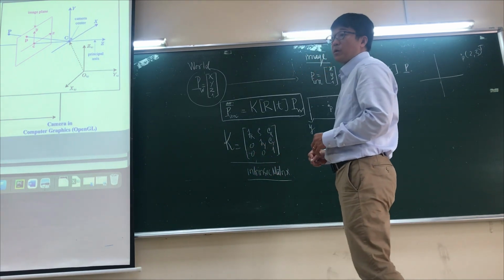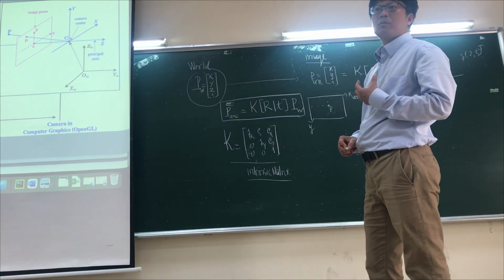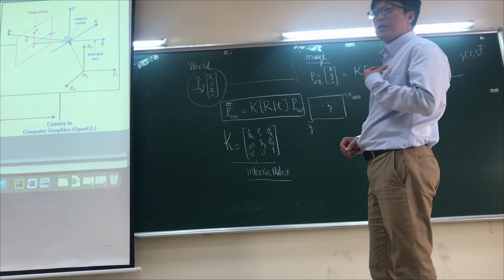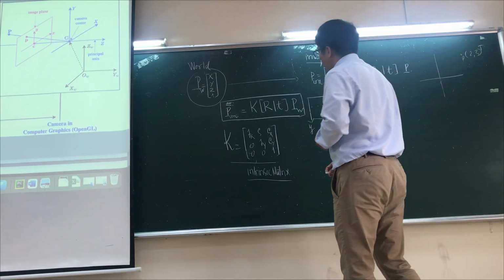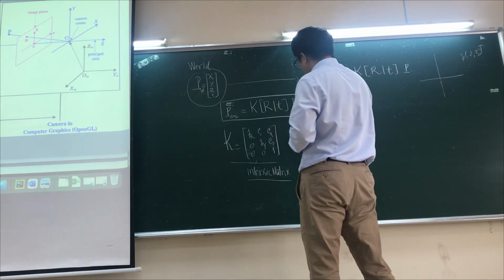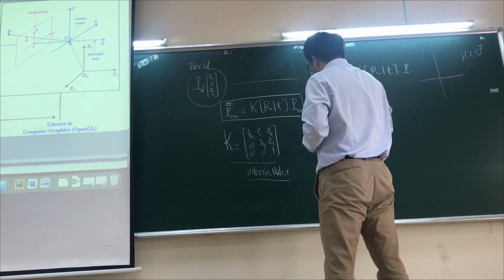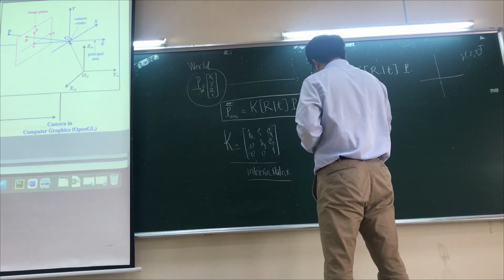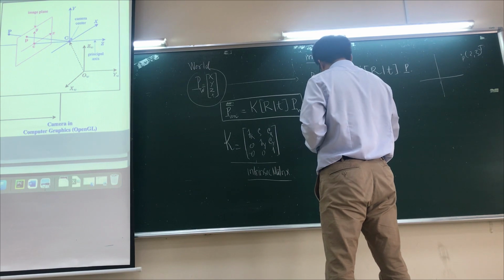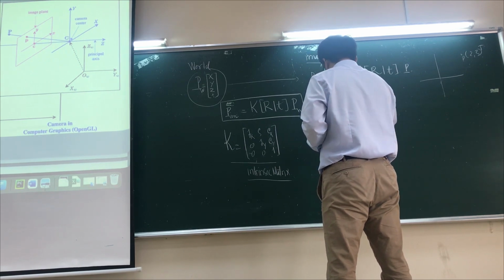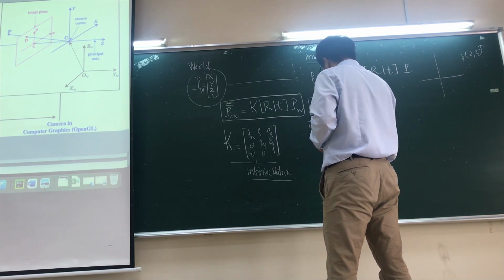Intrinsic in Vietnamese we call what? Nội tại. It is without including the camera. So here we have matrix R and vector C. We call intrinsic.